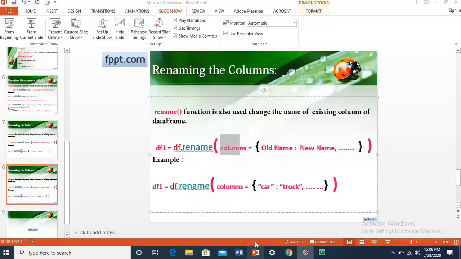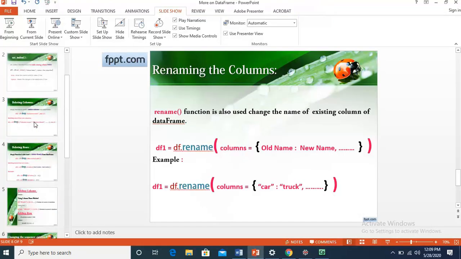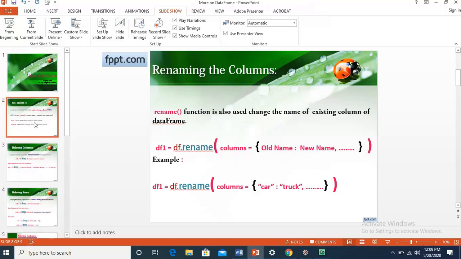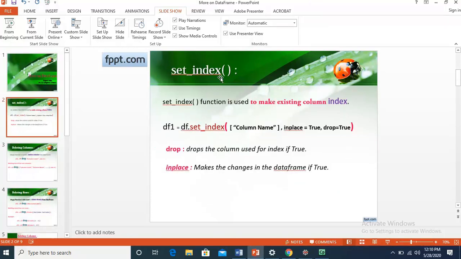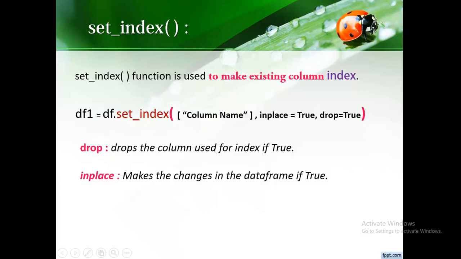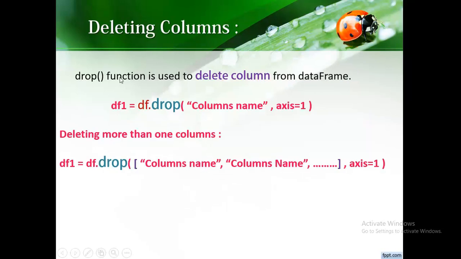Now my dear students, in this video lecture what you have learned: how to set the index, means how you can use a particular column as an index using the setIndex function. Then you know how to delete rows and columns using the drop function.